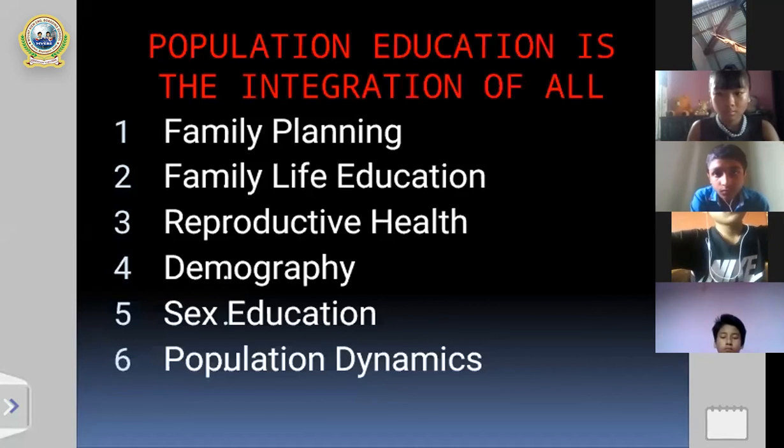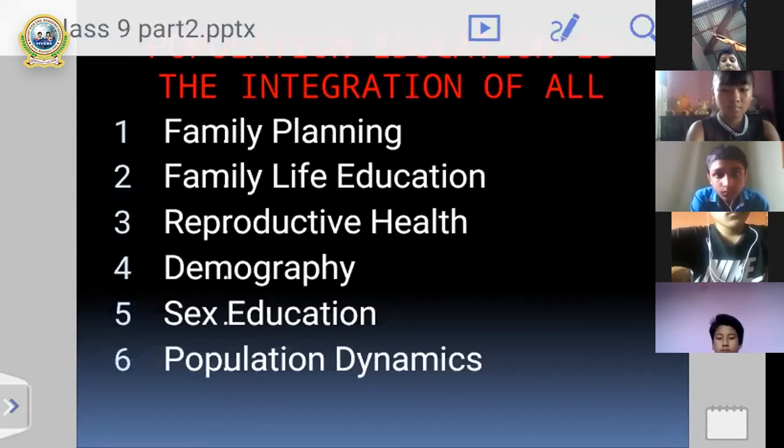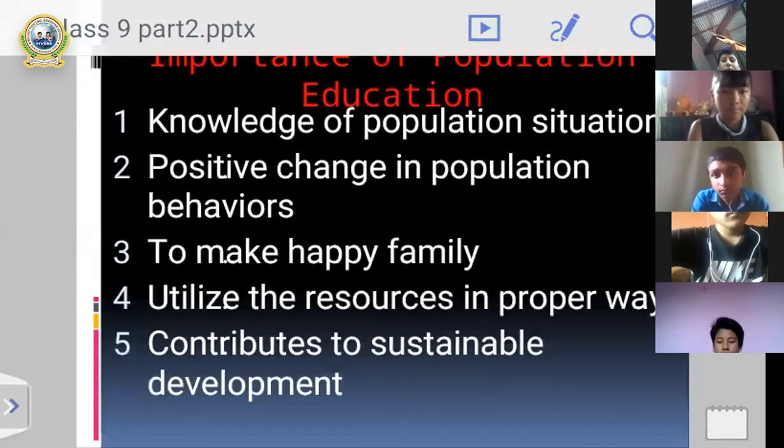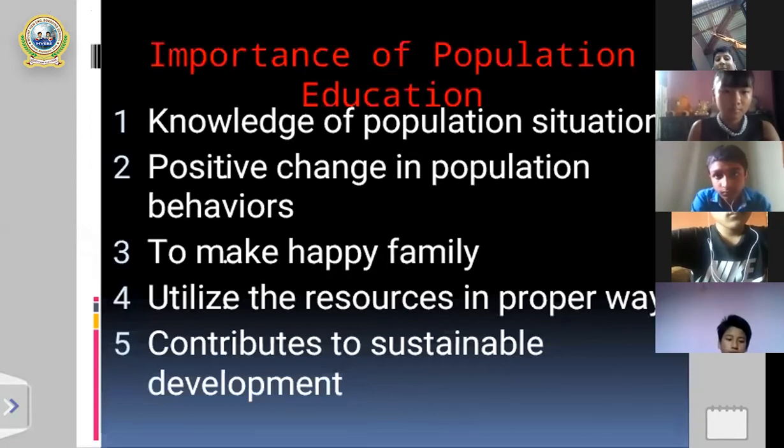Here on the slide you can see the different subject matters, so population education is a multi-dimensional subject matter. Okay. After the integration of all, the next content in the next slide is the importance of population education.